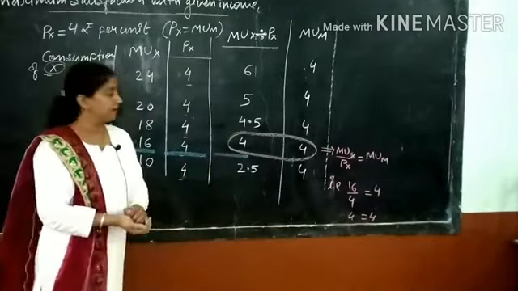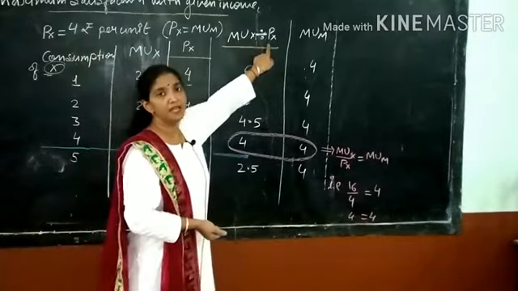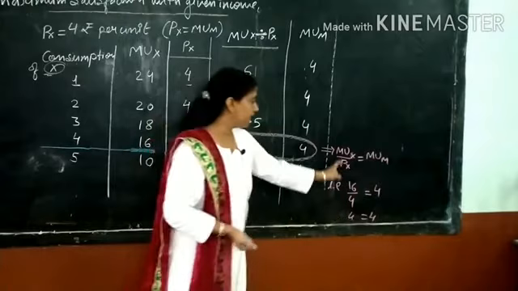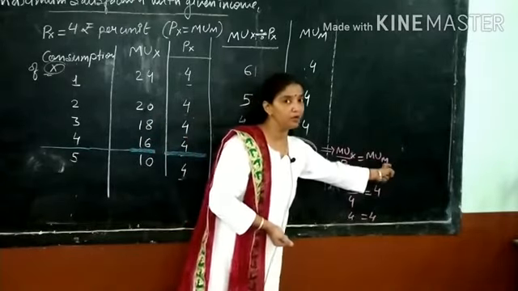Okay, and here MUX upon PX is equal to MUM, which I have shown here. MUX upon PX should be equal to MUM.